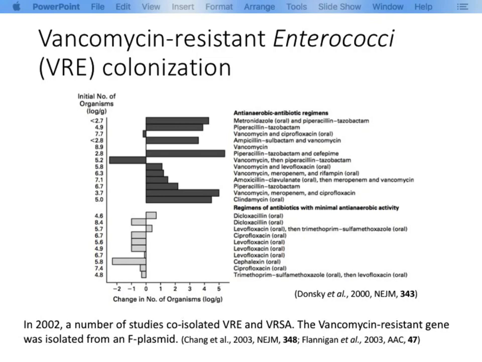The anaerobic ones seem to increase the concentration of vancomycin-resistant enterococci. And enterococci itself is an aerotolerant anaerobe. So we find that the types of antibiotics we choose can have an effect on the repopulation of the gastrointestinal tract.